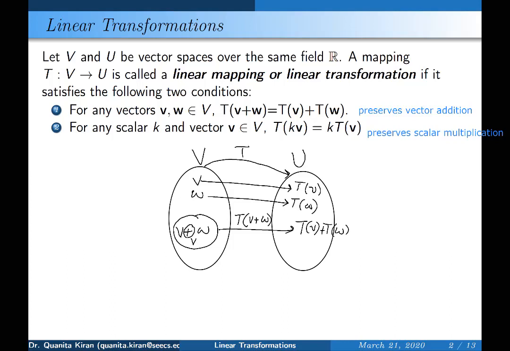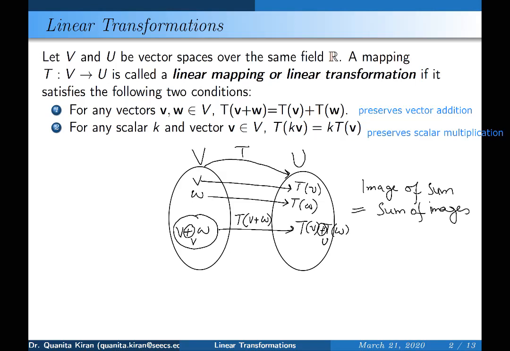Since we are in this space U, this sum is the sum defined as the vector addition defined in the space U. So this property, the preservation of vector addition, can also be written as: the image of the sum is equal to the sum of images.